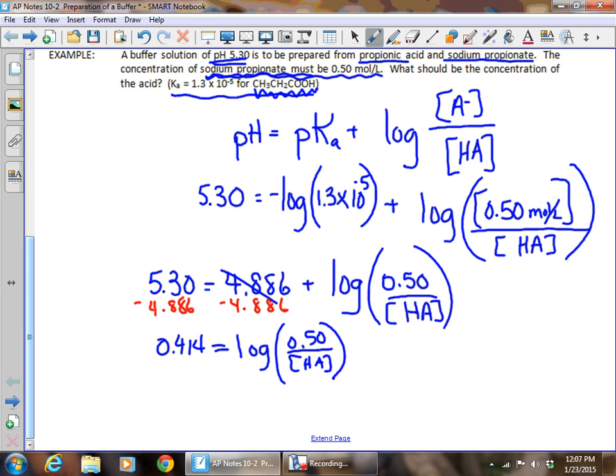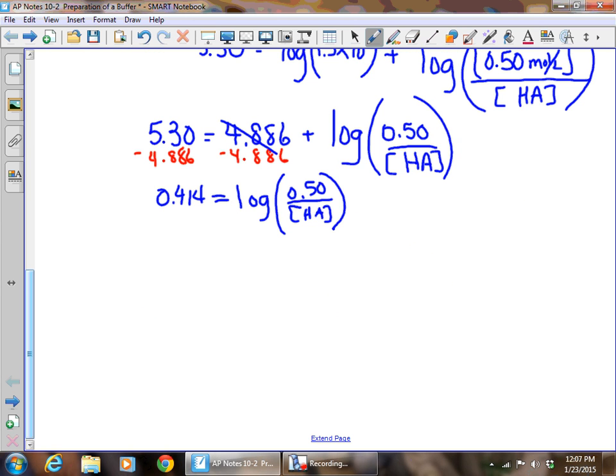Now I've got to solve for something that's part of a log term. We've done something like this before, when we were dealing with natural log, ln. We took the inverse natural log of both sides. Well, this time we're going to take the inverse log of both sides.